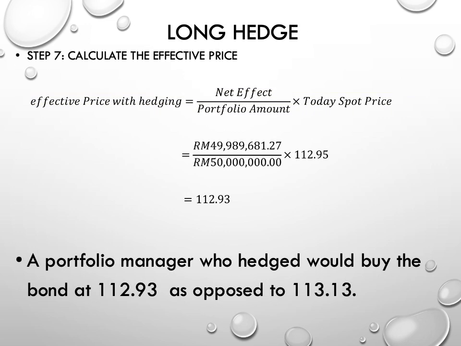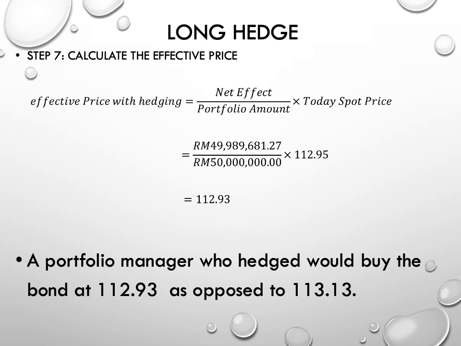So now calculate the effective price. The formula for effective price with hedging is net effect divided by portfolio amount times today's spot price. So you plug in the net effect from the previous step, 49,989,681 ringgit and 27 cents divided by 50 million times 112.95, you get 112.93.